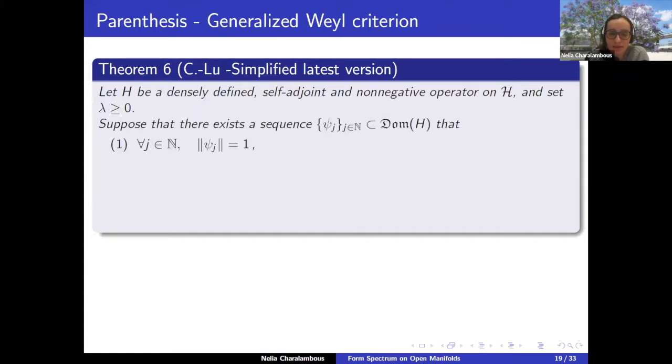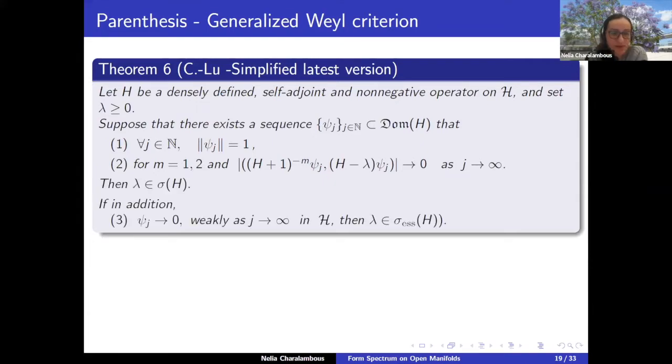And we can say that a non-negative real number lambda will be in the spectrum if we can find a sequence of test functions with uniform norm 1, here in L2, such that the pairing of two powers of the resolvent operator of H paired with (H minus lambda) on this test function tends to 0 along our sequence. And if we can find test functions that go to 0 weakly in the Hilbert space, or in L2, then the point will be in the essential spectrum.